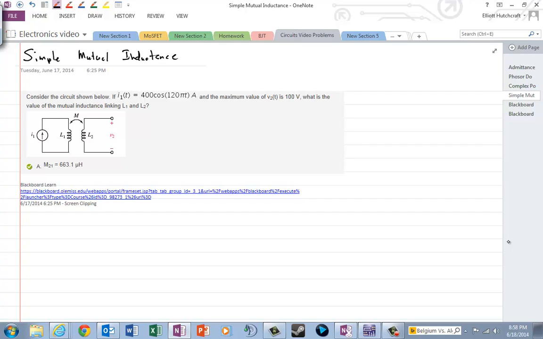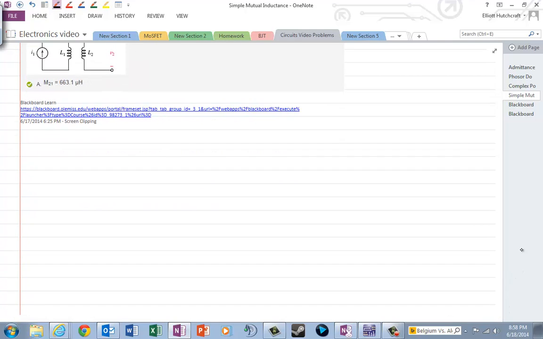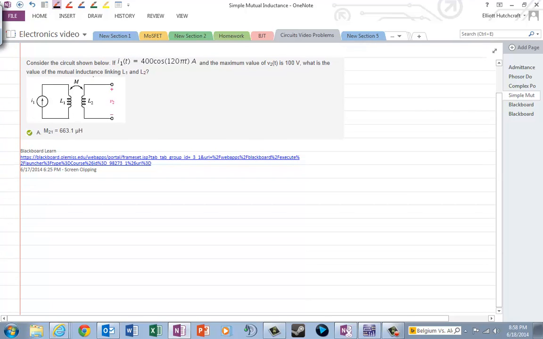Okay, this one actually doesn't give the dot of either inductor, and it doesn't really need to, because the question is just asking what's the maximum value. So one thing that we can see here is if we just thought that the dot convention was plus on the top, which would be standard convention, and we have V2 labeled up at the top like that, we could say, okay, well, we think V1 is this way.